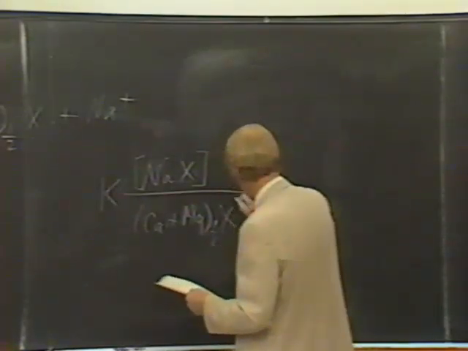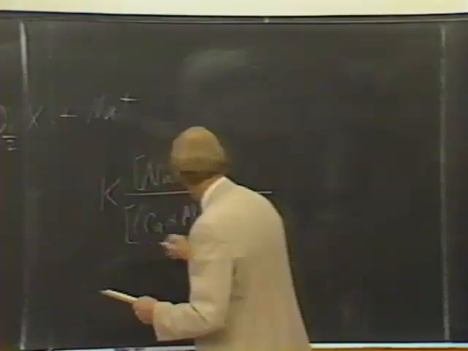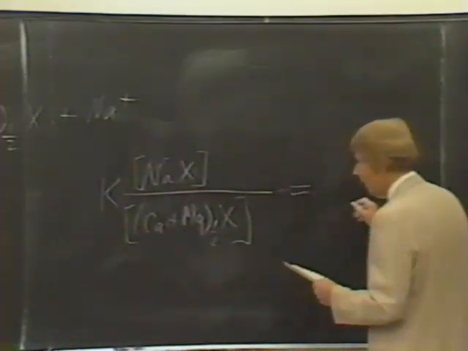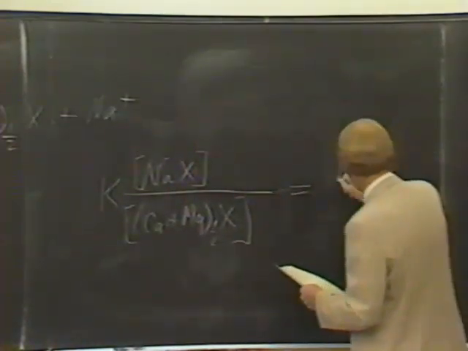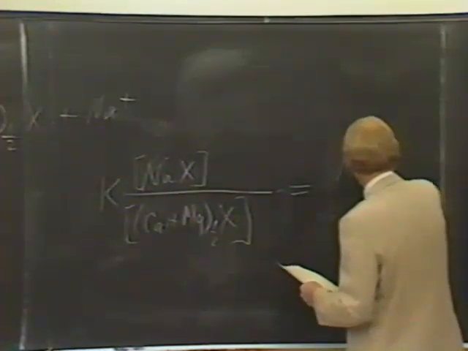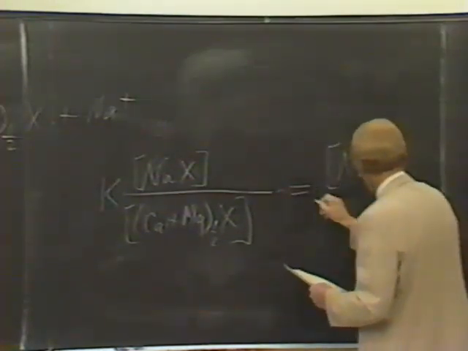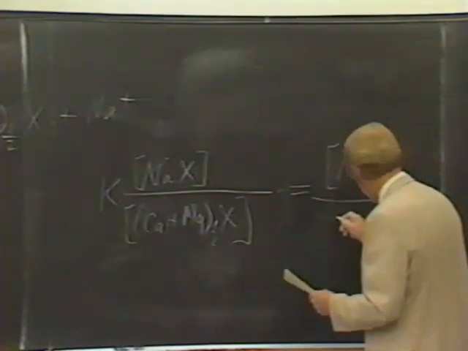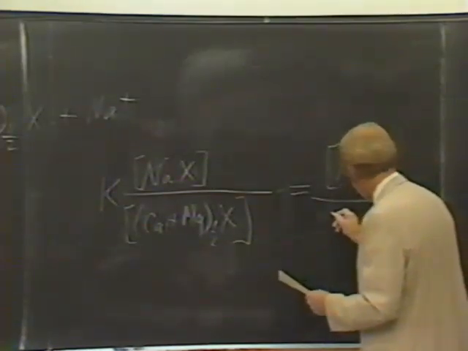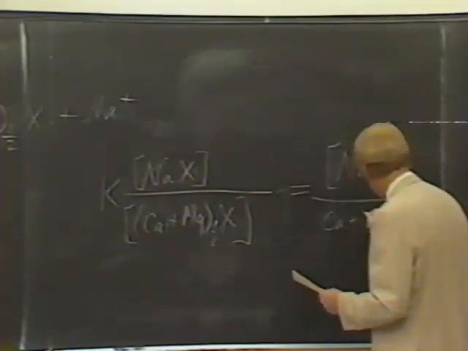So what we say is that the ratio of the sodium ion concentration, in moles per liter if you like, in solution to the calcium and magnesium ion concentration in solution is proportional to their ratio on the clay.